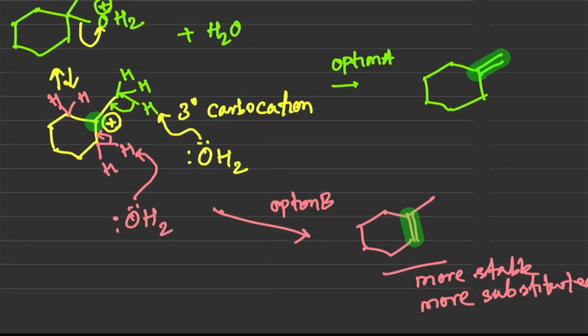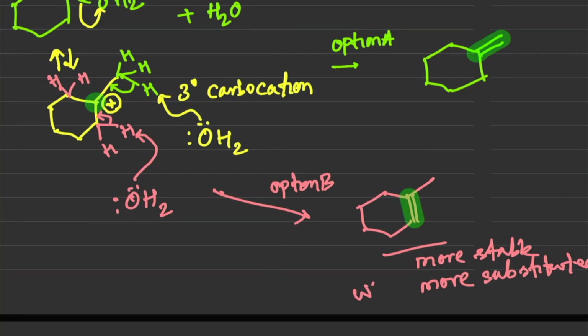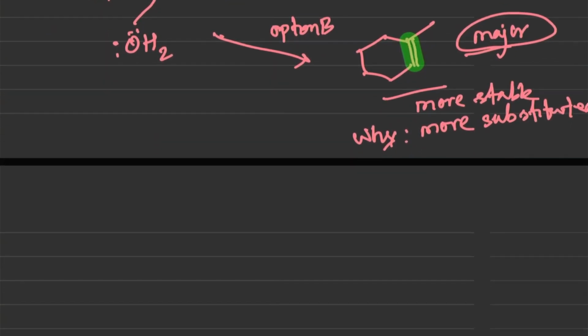So this one is going to be your major product. This one is going to be your answer, not this one. So always look for the alkene that is more substituted. That is a shortcut. This is called Zaitsev's rule.